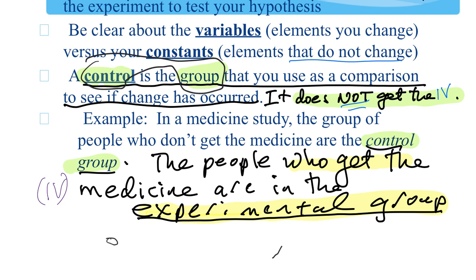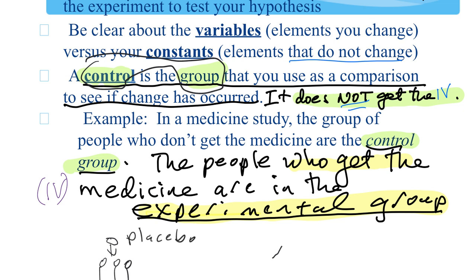Okay, so what you do is you have people that you give a fake pill to, or a fake treatment. They don't know it's fake. Okay, we call that placebo.